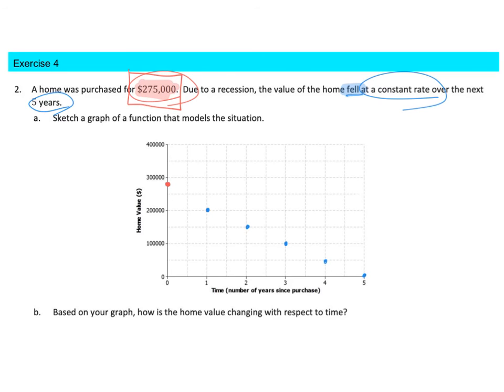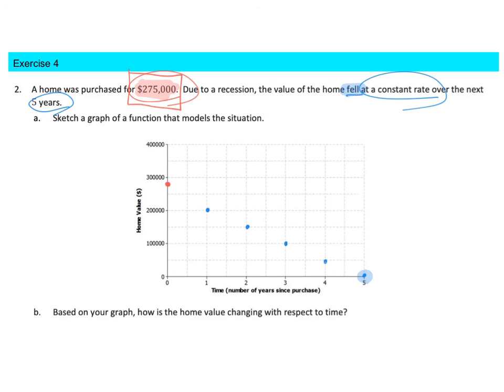Now, why would this not make sense? Any ideas why my graph that I just put here would not make sense? Well, basically this says that in 5 years, the house is going to be worth $0. Homes are never going to be worth $0. So I made way too steep of a decrease. Okay, it decreased way too much.